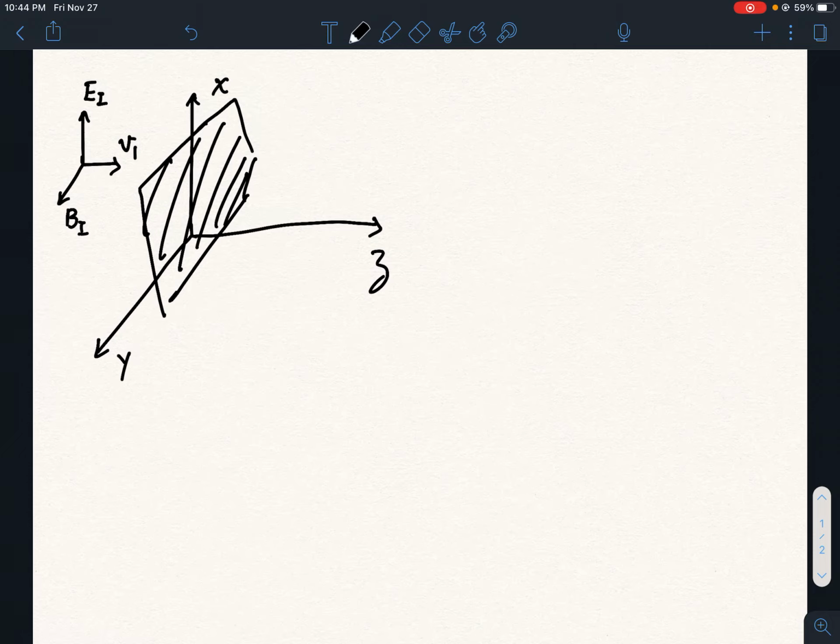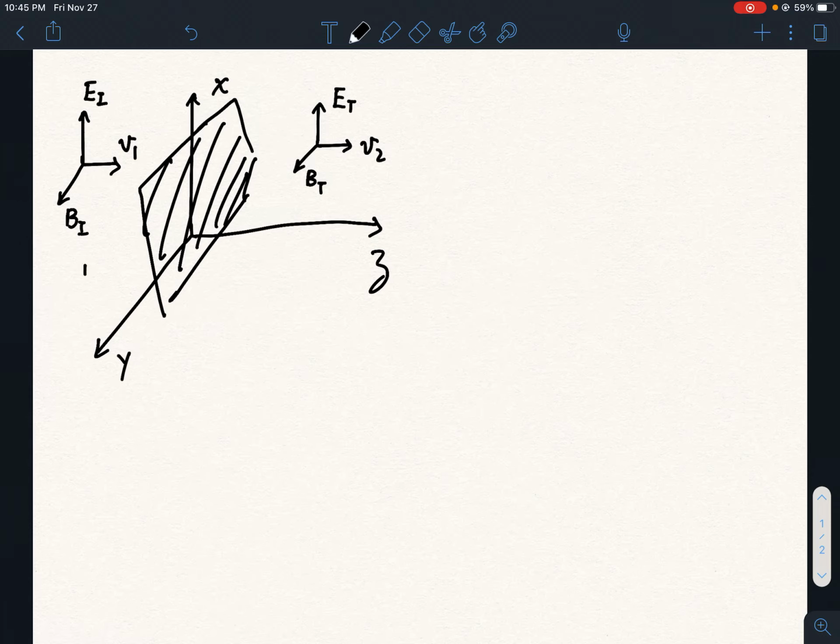On this surface, we will have reflection and we will have transmission. Let us put the transmitted wave as E_T. This is the electric field, and this is the magnetic field, moving with the speed of v2.